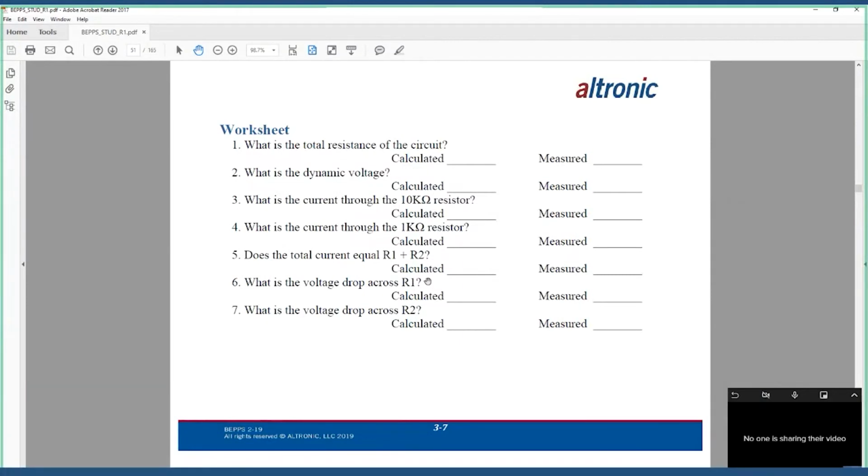Voltage divided by resistance, and we came out with the same answer. So we calculated it individually, added it up, and got 0.0099. Then we calculated it again using our circuit total resistance, and came out with the same answer, 0.0099. Pretty cool, right?